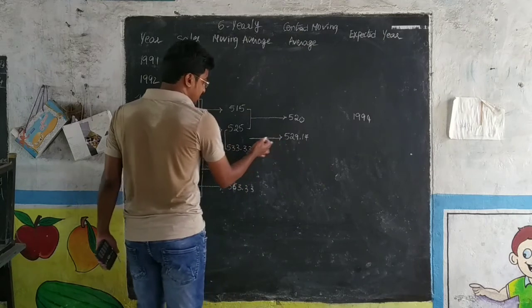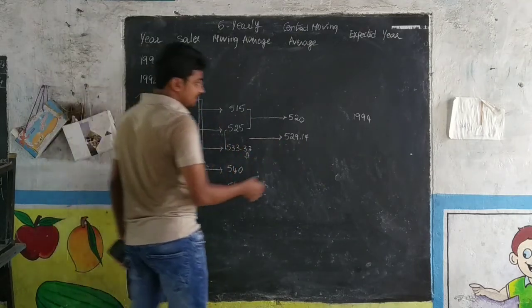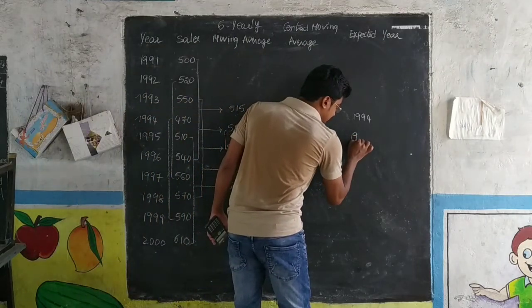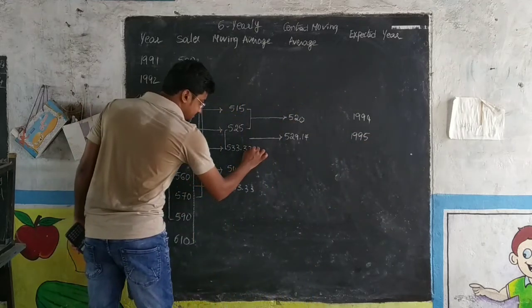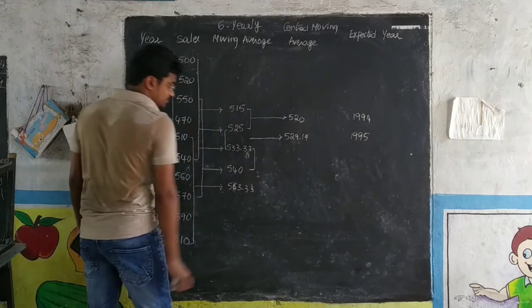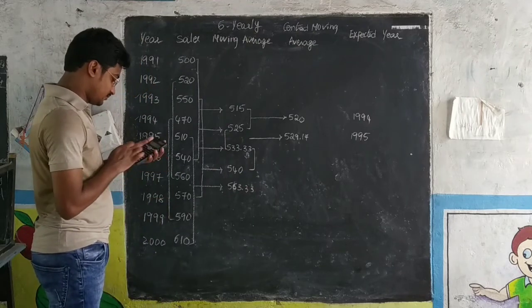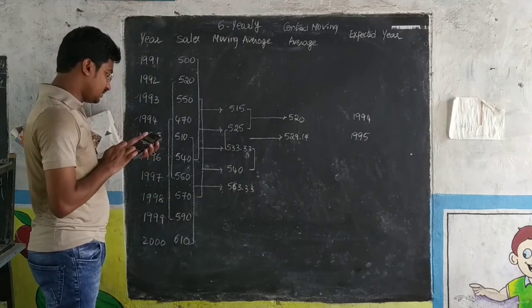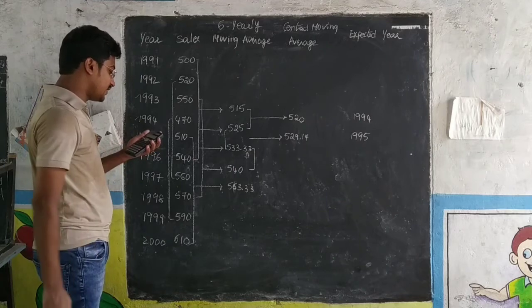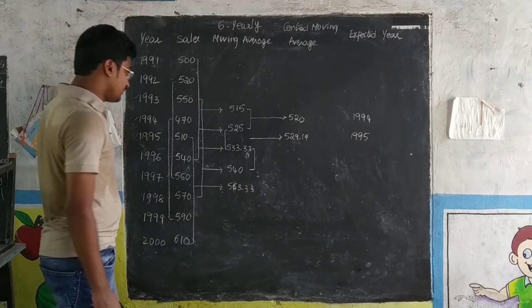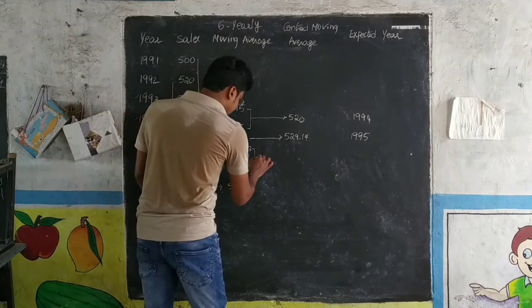This value coincides with 1995. Next 2 years. 533.33 plus 540 divided by 2 is 536.67.